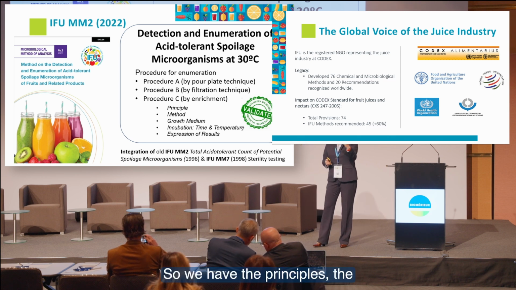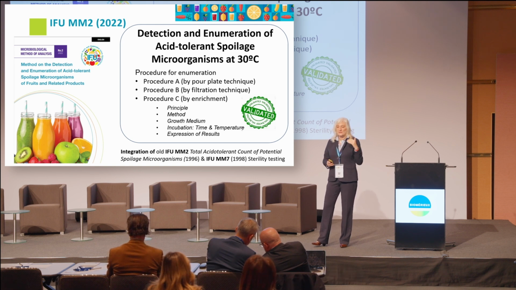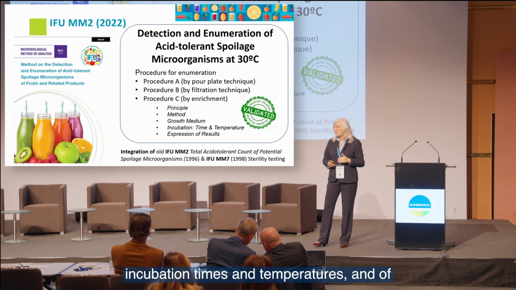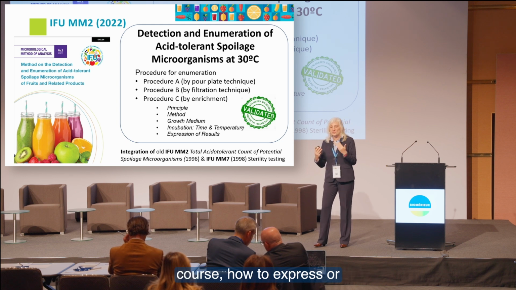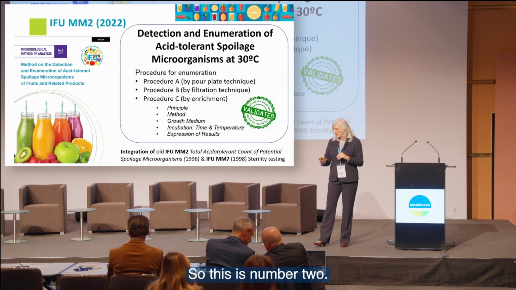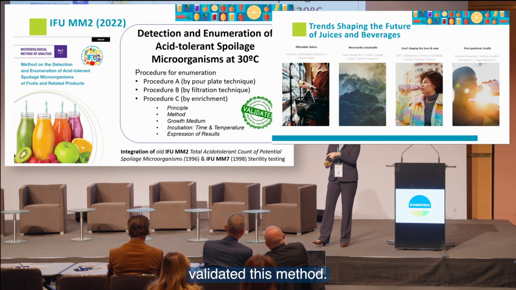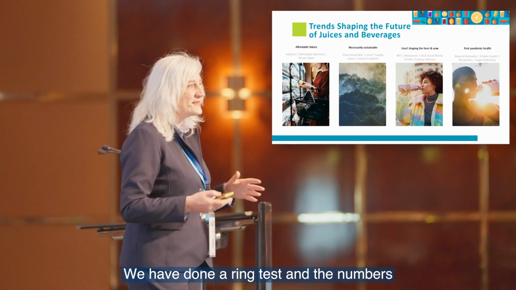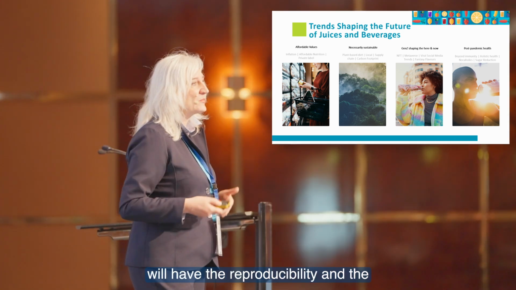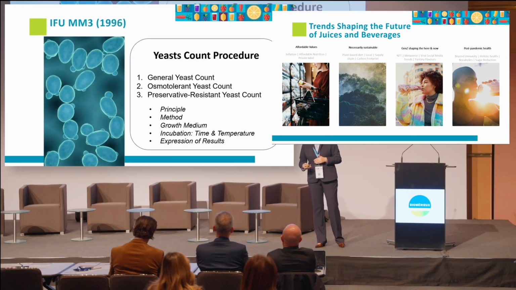So we have the principles, the description of the method, the description of the growth media, incubation times and temperatures, and of course how to express the results. So this is number 2. And the good thing is that we have validated this method. We have done a ring test, and we have the reproducibility and the repeatability data available for this method.